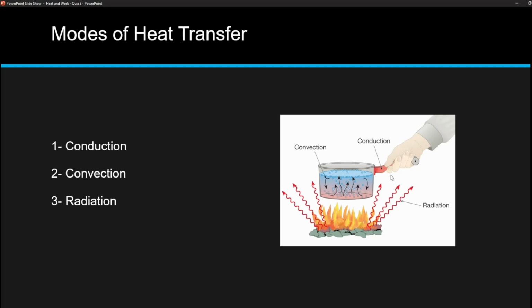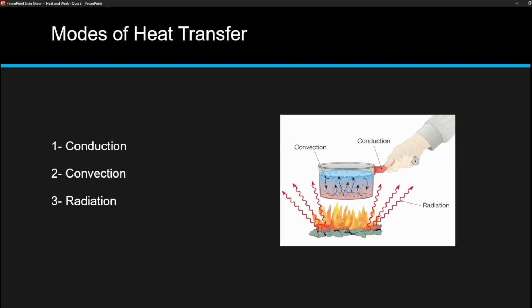Now, another thing to note is that there are different modes of heat transfer. The first one is conduction, which is energy transferred through the physical touch of two objects. We can see here the saucepan's handle is transferring heat onto the person's hand. The next one is convection, which is energy transferred by the movement of a fluid.